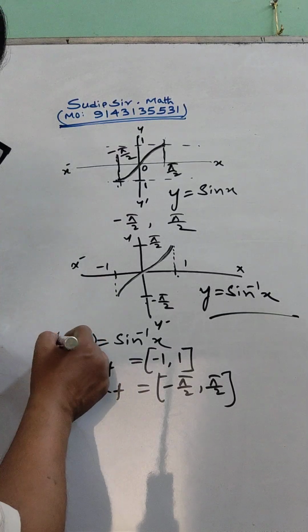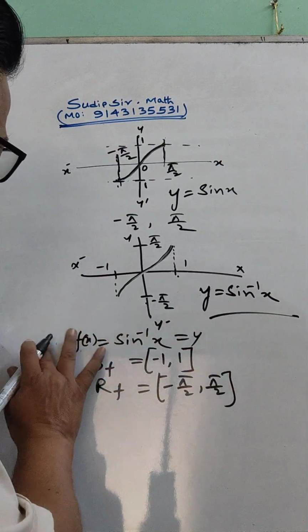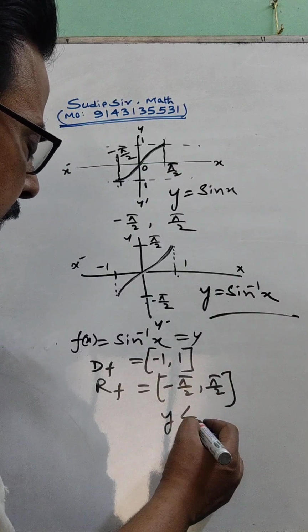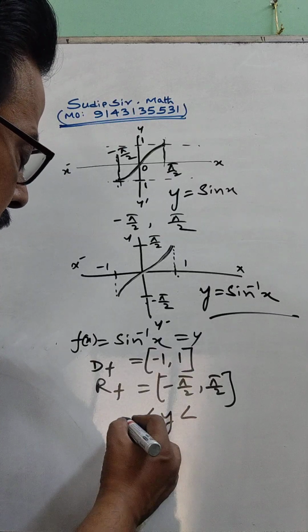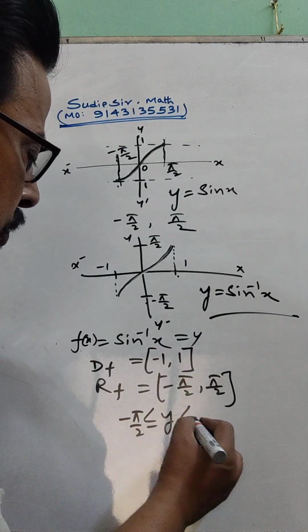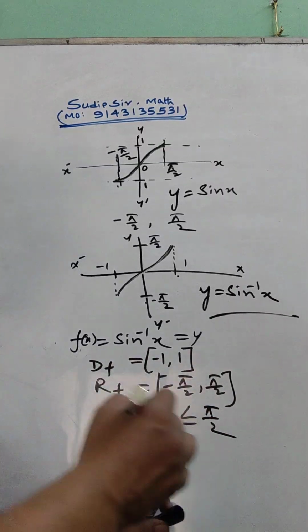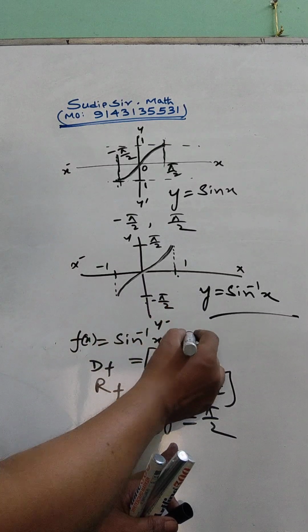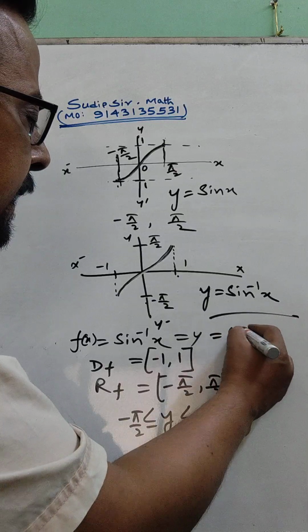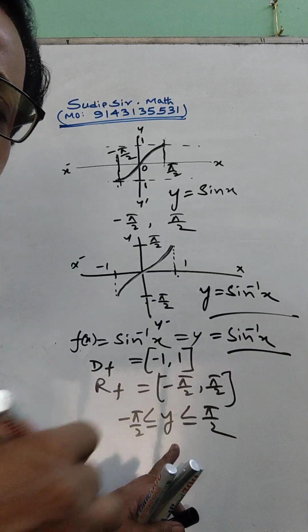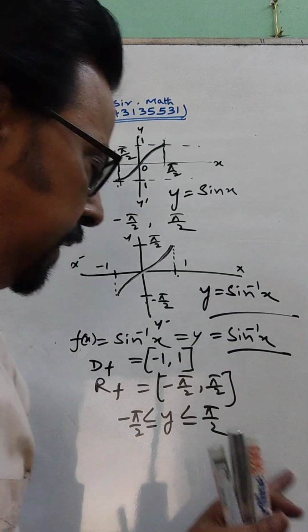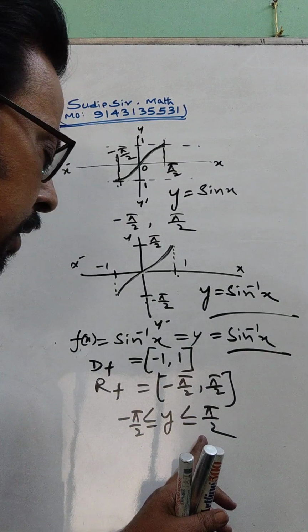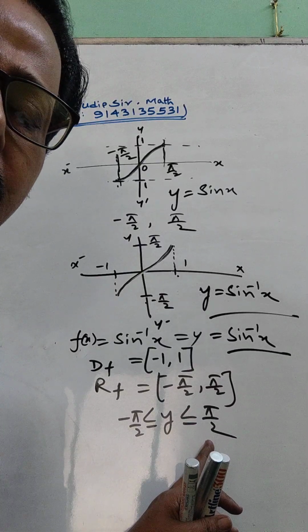That is, if y equal to sin inverse x, then y must lie between minus pi by 2 to pi by 2. Okay.